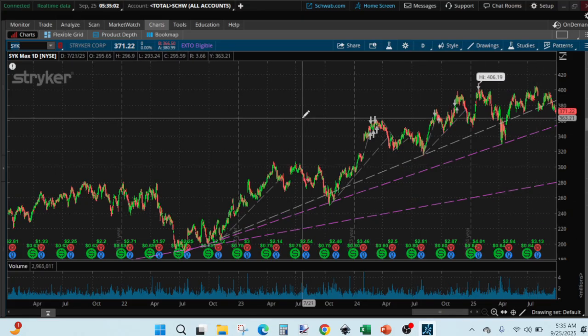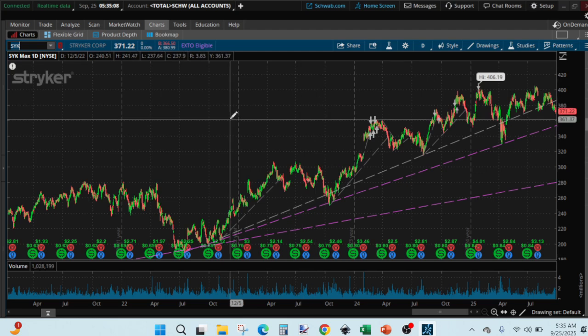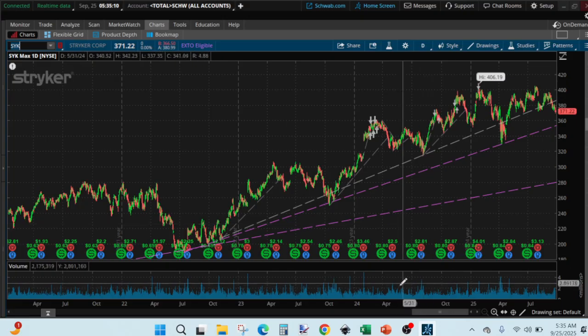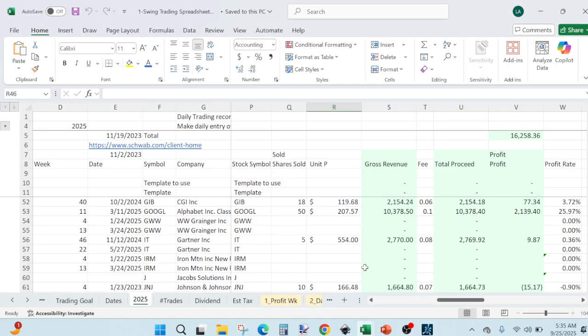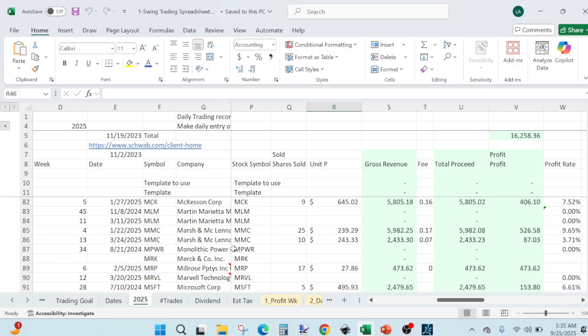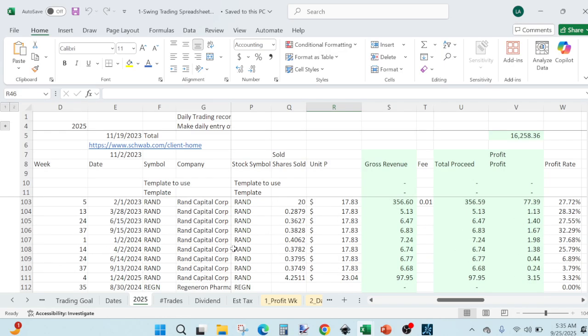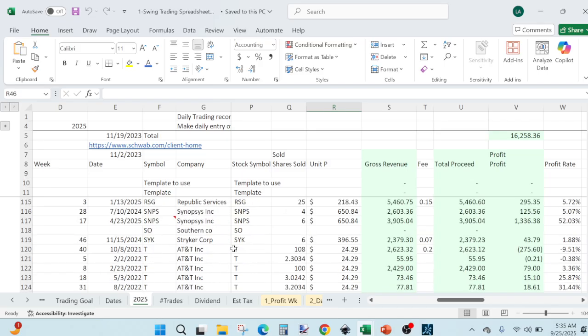So that is just how I'm sharing with you our strategy, and that is how I analyze the chart to see if a stock is worth buying at this point or not. For SYK, we can open the spreadsheet that we use to track our trades.